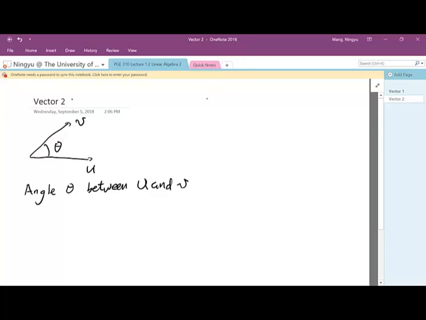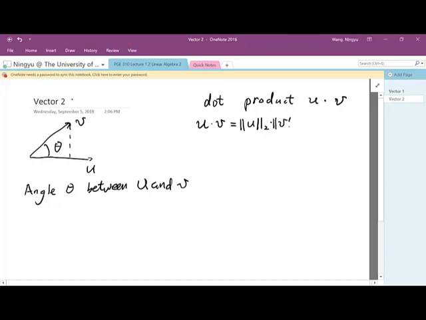Last time, if you still remember, we had a thing called the dot product, u dot v. Geometrically, u dot v can be represented this way: u dot v equals the length of u multiplied by the length of v multiplied by cosine theta.